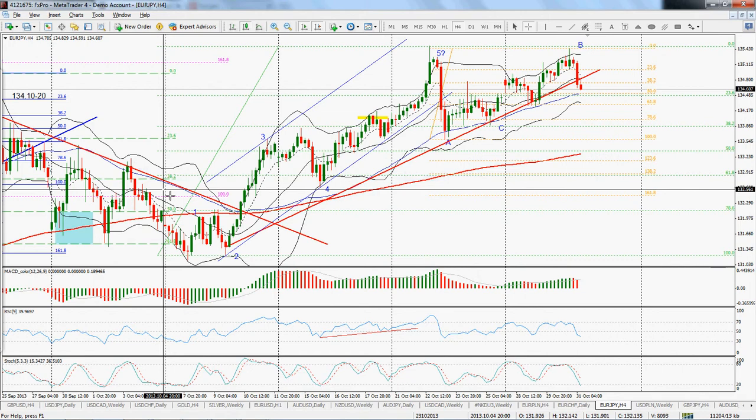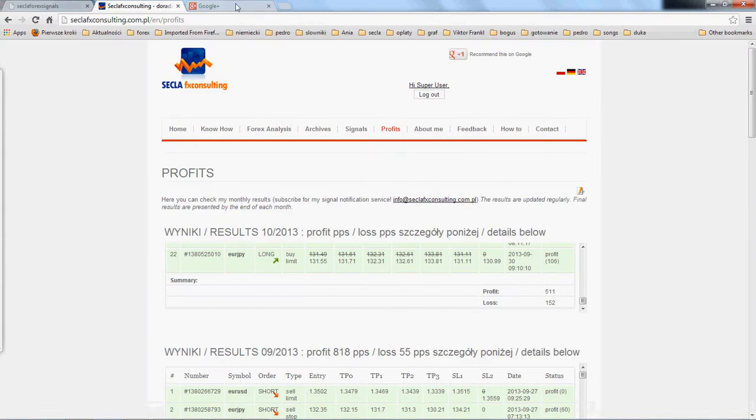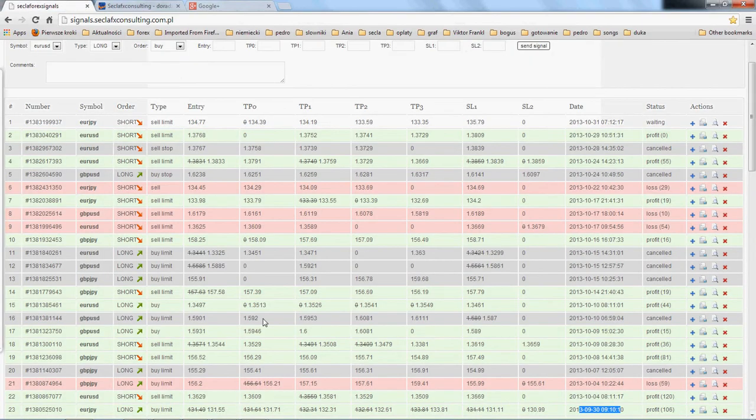Yeah? Sometimes you don't know how much the market will let you make. Okay, let's take another example. Let's take a position I sent on the 10th of October for Euro USD.